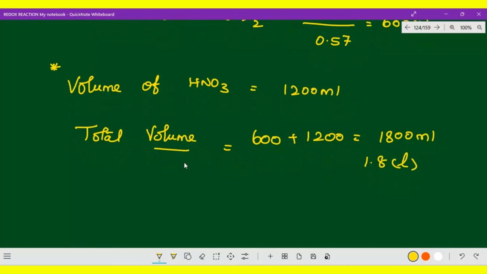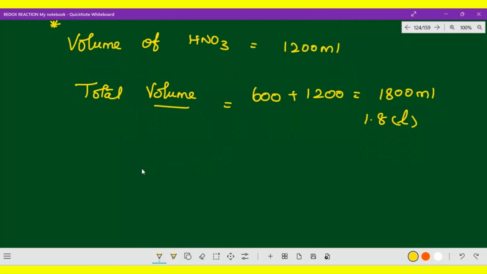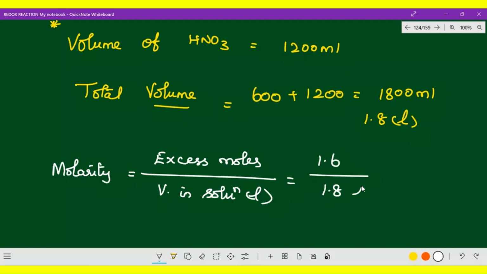Now the number of moles we found, and the volume of solution in liters we also found. Finally, what is the main point? Molarity. Molarity is the number of moles divided by the volume of solution in liters. So here we check the excess moles divided by the volume of solution in liters. The excess moles we found is 1.6 moles, divided by 1.8 liter.